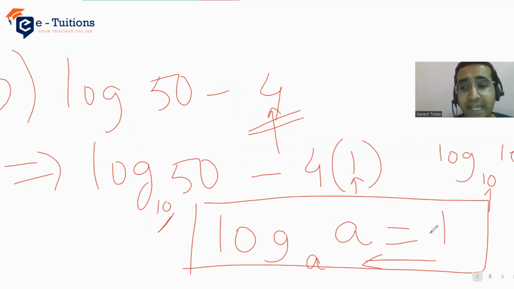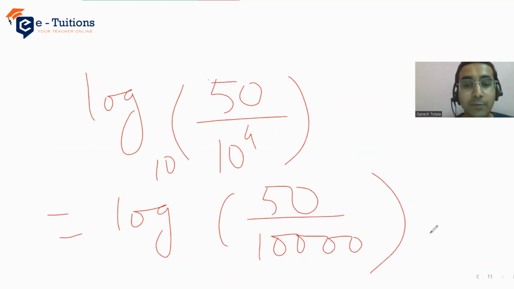The choice of base should be decided depending upon the base given in the question. In the question, the base is given as 10. Hence, 1 can be written as log of 10 to the base 10. I hope this question is also clear. Now, let's move on towards the next question.